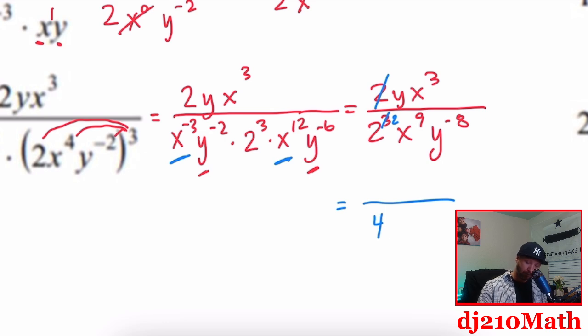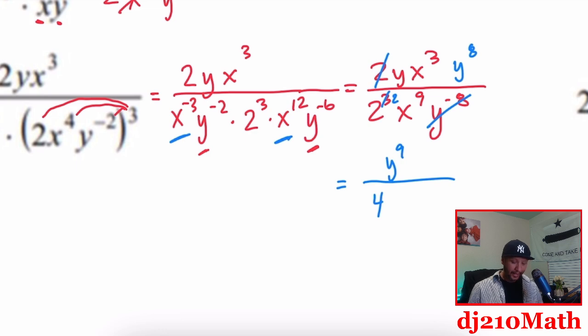This y to the negative 8, that can move up. Right, it just moves. All right, combining the numerator, y times y to the 8 is y to the 9, because 1 plus 8 is 9.